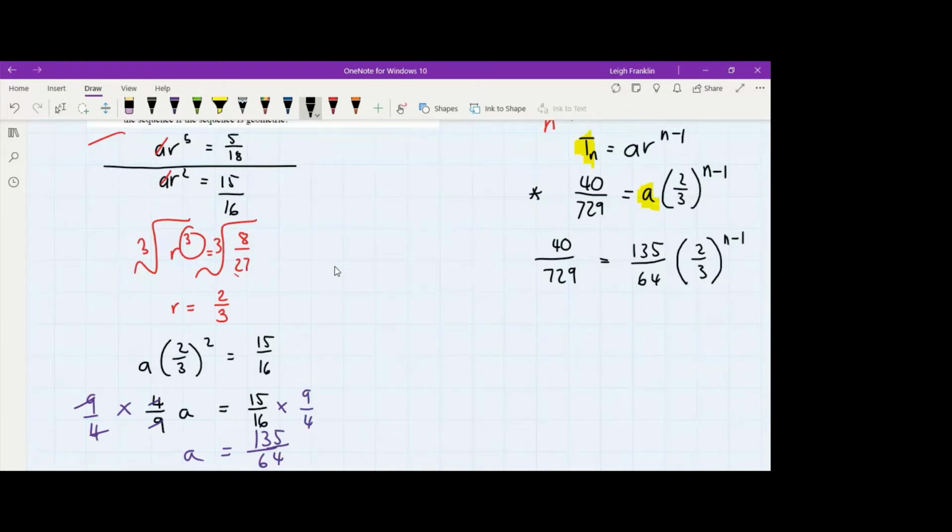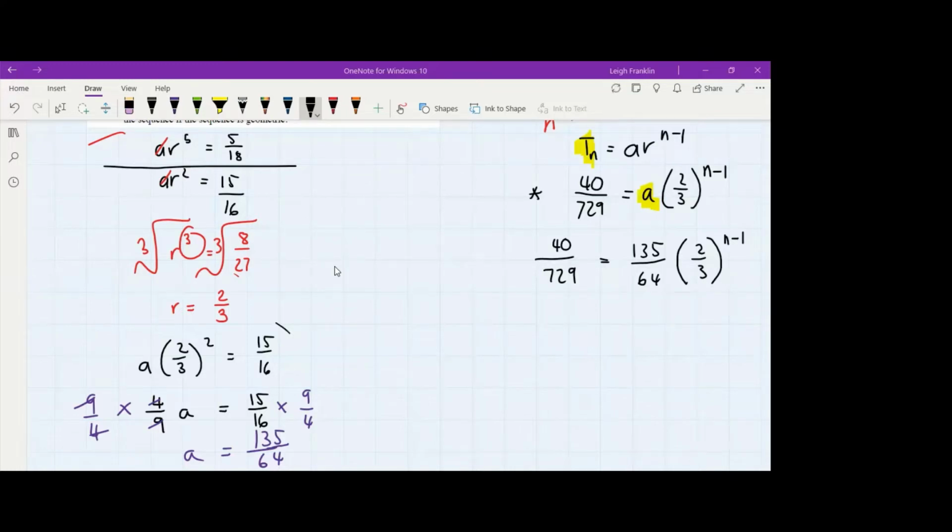What's the next step now, Matrix? What do I need to do to both sides? Anybody know? What am I going to do to both sides? Let's see what's in the chat. Divide. Indeed. So I've got to divide both sides by 135 over 64.